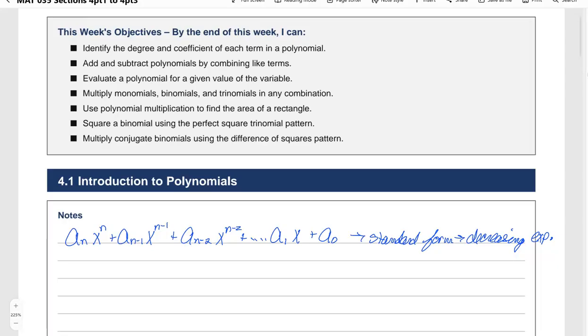One thing I want you to know about a polynomial is that these numbers in front are called coefficients. And if we're talking about a polynomial, those exponents must be whole numbers and they've got to be positive or they could be zero.